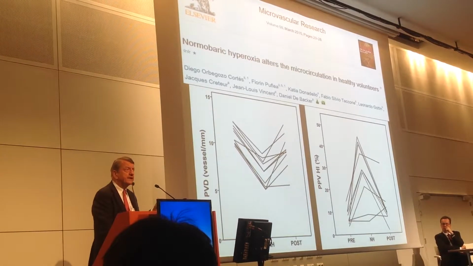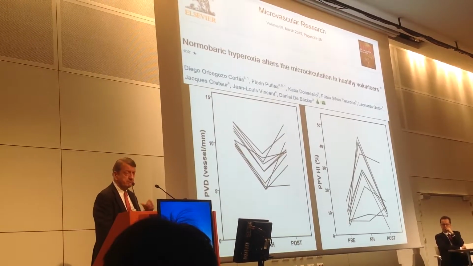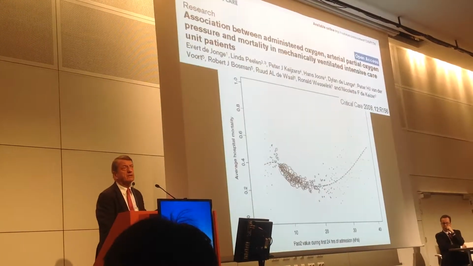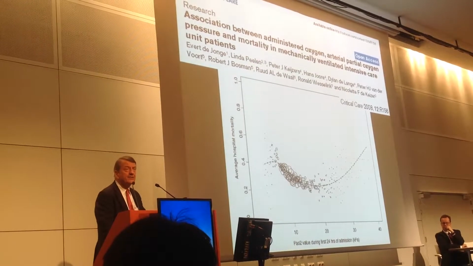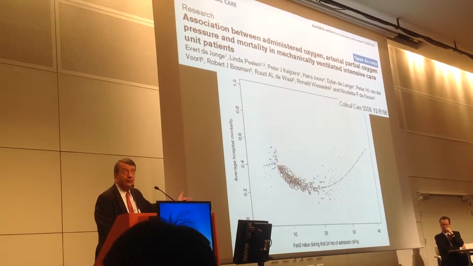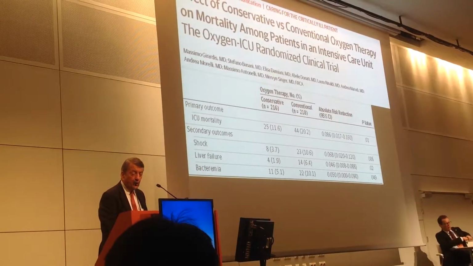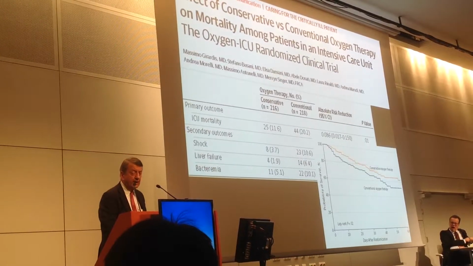We recently showed that even in healthy volunteers breathing a high FiO2, there is an alteration in the microcirculation. There is peripheral vasoconstriction. And indeed, as Dr. Girardis showed, we may have this curve well documented, this U-shaped curve, and we heard about his excellent trial.